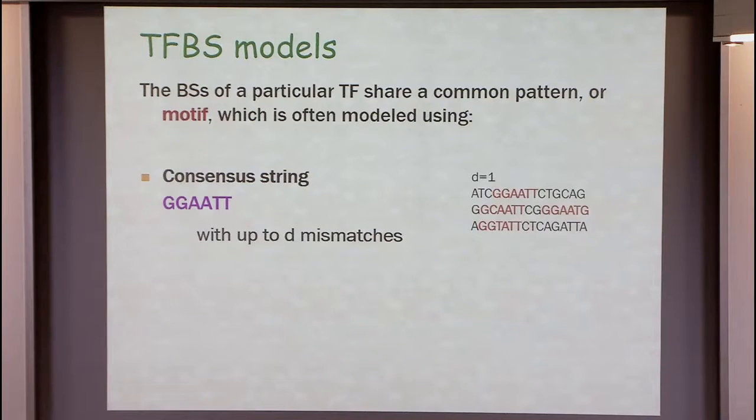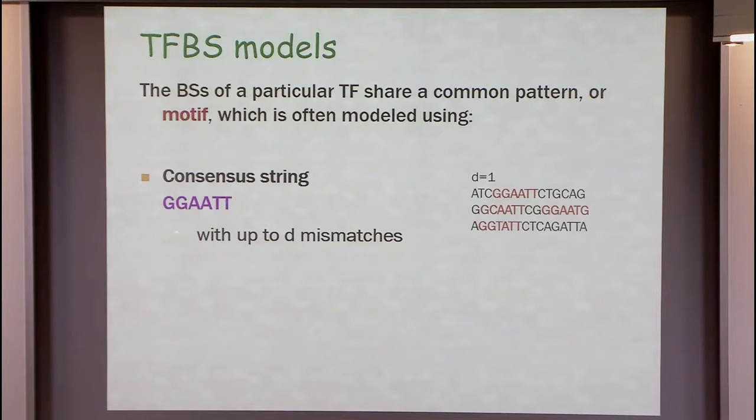So we can relax the definition and allow it to have up to D mismatches. In this example, we can say that we allow up to one mismatch, and then we have different binding sites. But if you remember the example I just showed in the previous slide, it could be that some mismatches are allowed and the protein would still bind, but if we have a mismatch in a different position, it may not bind.